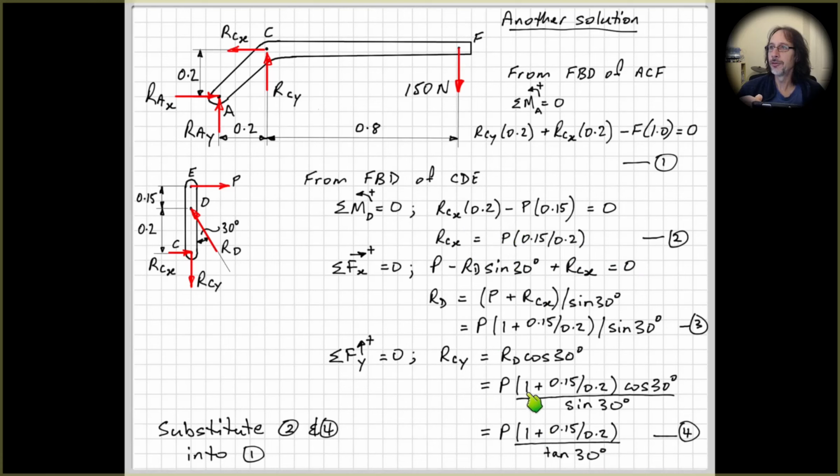So if I substitute 4 and 2 into 1, then I will have an equation that has only my unknown force P in it and the input force 150 for F here. So I will be able to solve for my unknown force P.